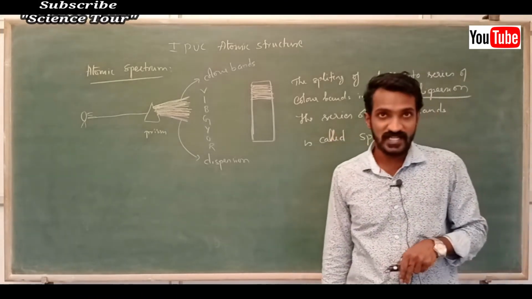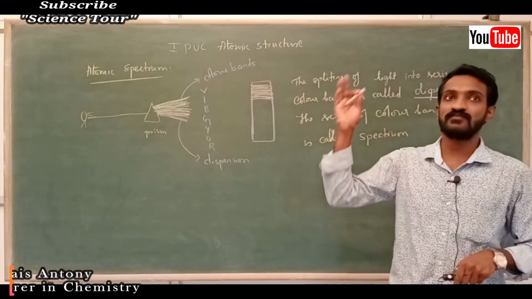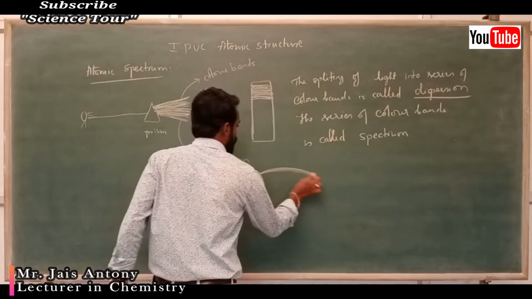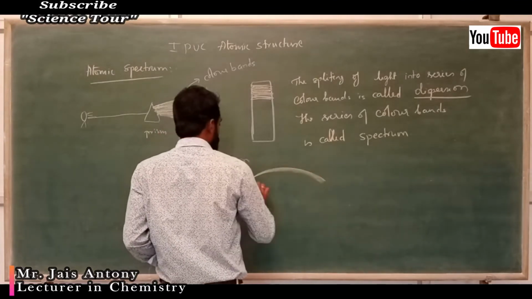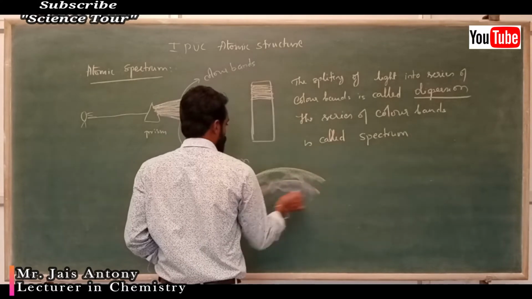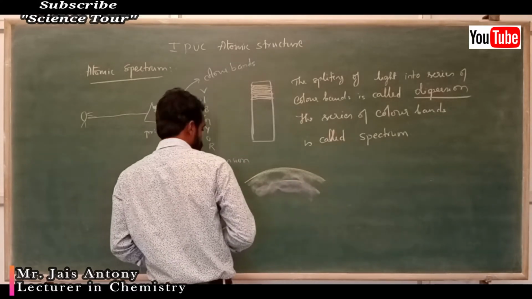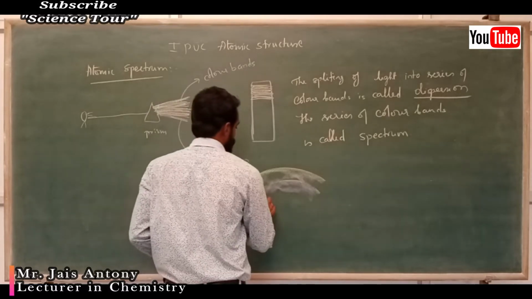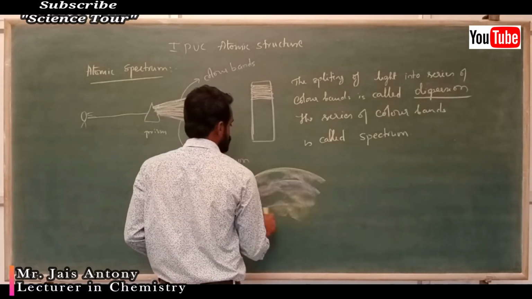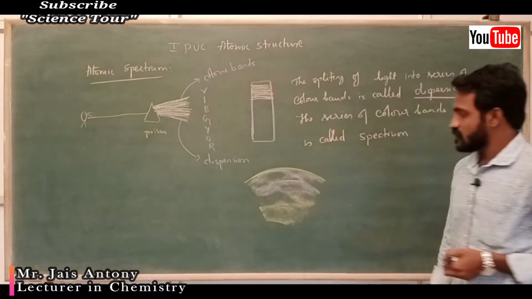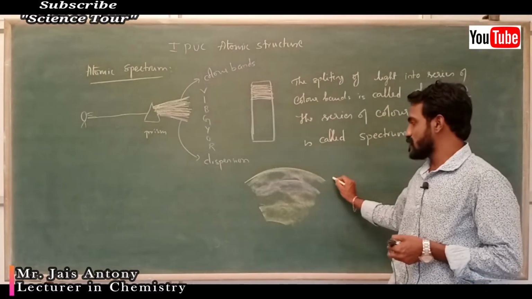You know the rainbow, how it actually looks: one color, second color, third, fourth, fifth, sixth, it looks like this, correct?